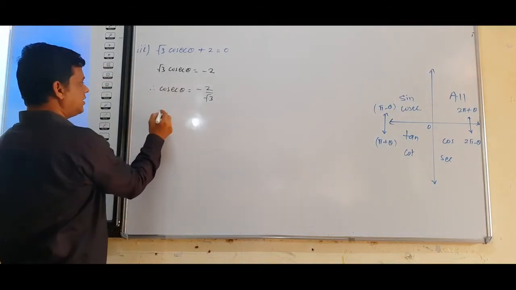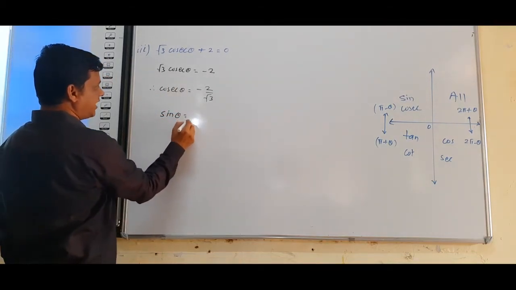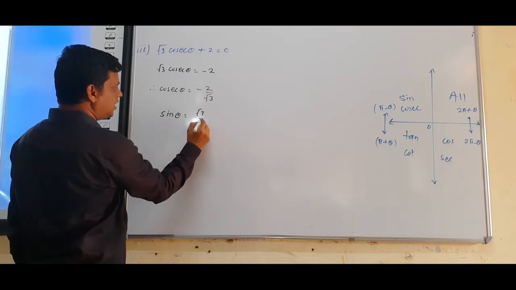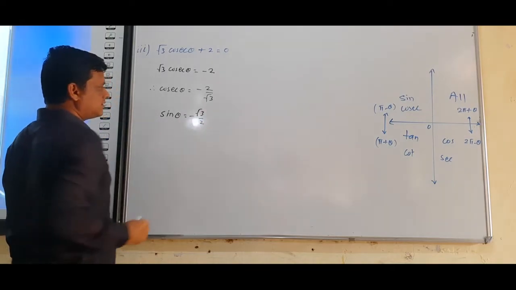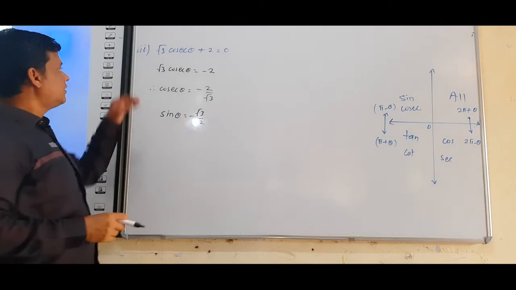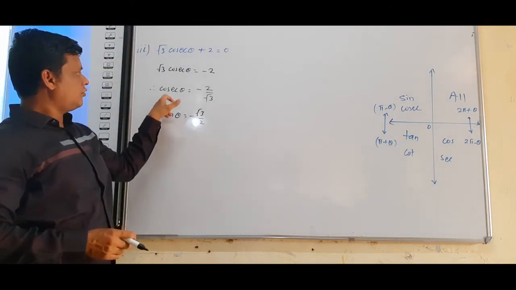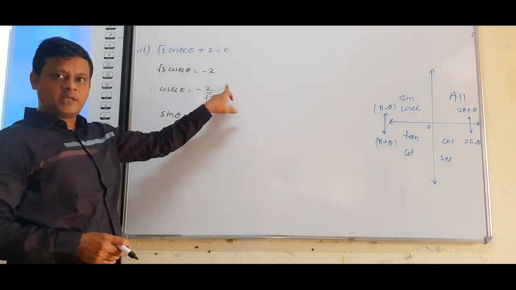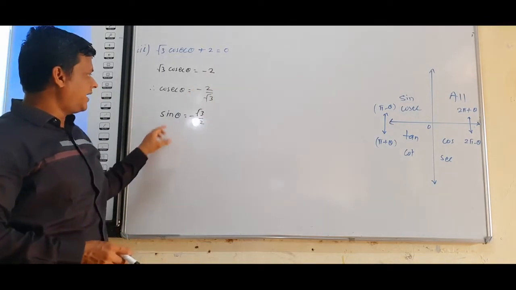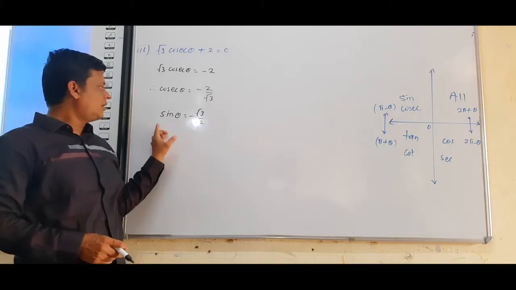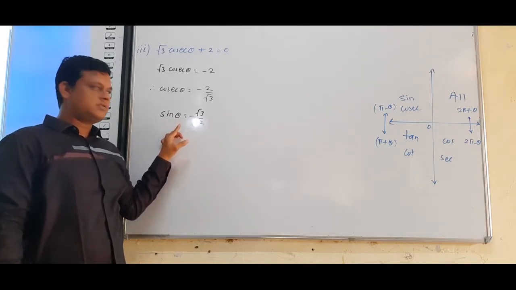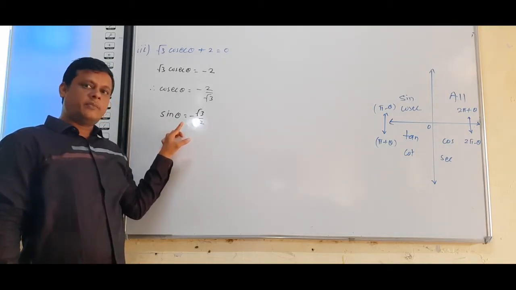So taking the reciprocal, sin theta is equal to root 3 by 2, with the minus sign as it is. Now finding the principal solution for cosec theta equals minus 2 by root 3 is the same as finding the principal solution for sin theta equals minus root 3 by 2.